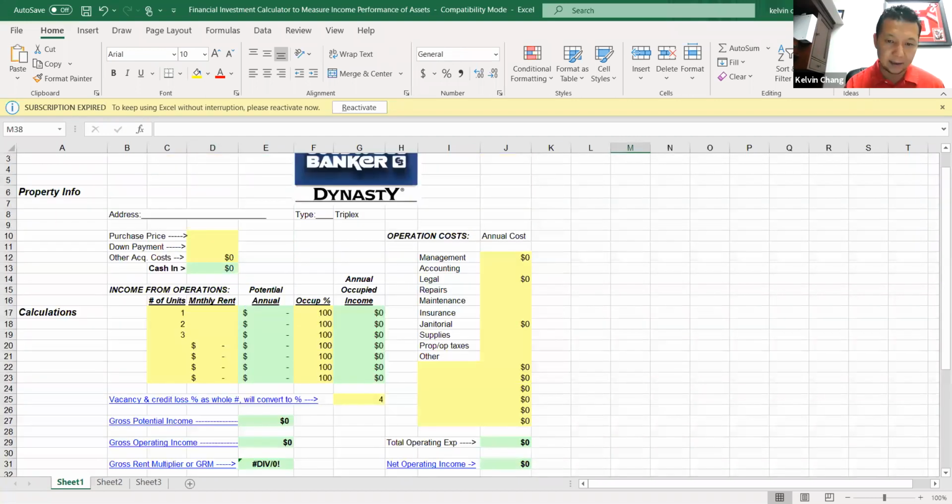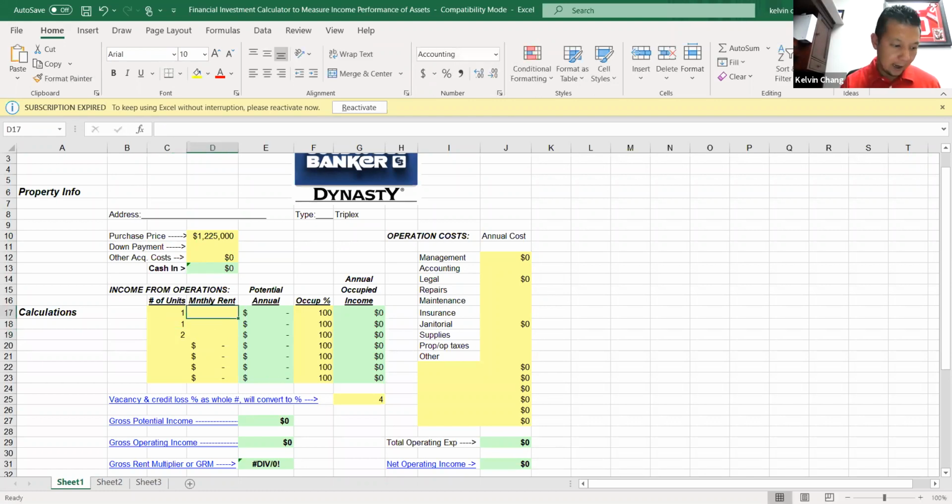So you can see in here that I'm going to empty out all of these information fields and put in my analysis. So I need to find out, obviously, for this one, it sold for 1.225 million. So I'm going to put in 1.225 million. Then I'm going to type in the number of units.